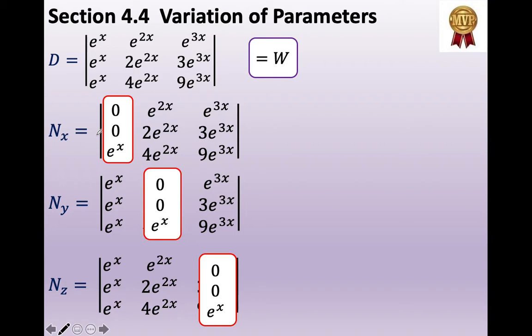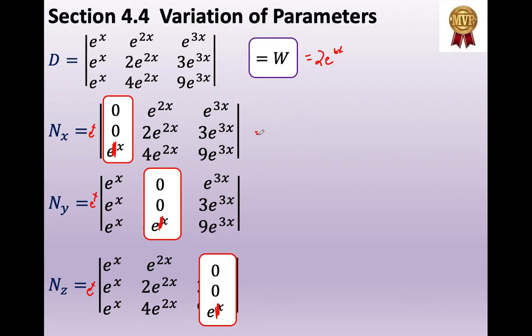This now all becomes 0, 0, 1. 0, 0, 1. 0, 0, 1. But each one of them has an e to the x out front. Okay? So again, I'm going to write up here with this one. This was 2e to the 6x.